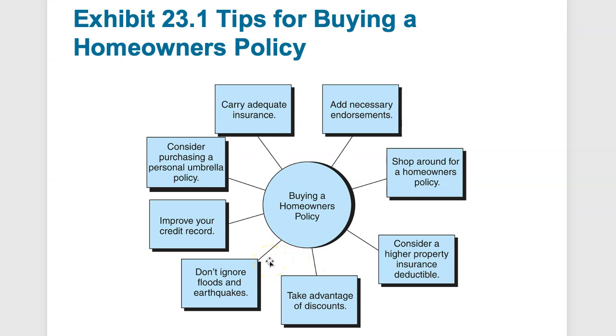Now, if you live in a place that's prone to flooding or earthquakes, get the additional insurance. I would say get 2 quotes. Get a quote if it's included in your normal homeowner's policy, and get a quote if you buy it separately from a company that's not connected to your homeowner's insurance, and see what the quality of the coverage is and also what the cost of the additional coverage is.